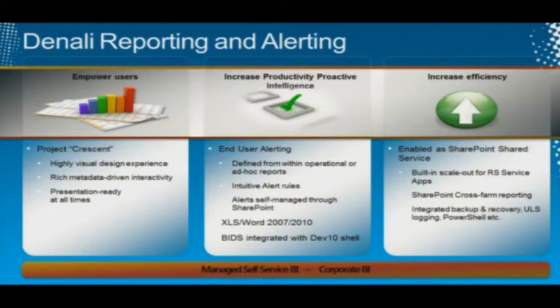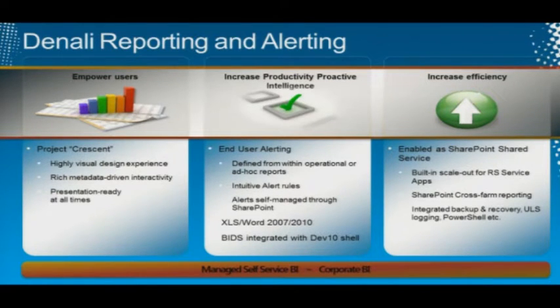Rules like that are very simple for an end user to create. They manage their own alerts within SharePoint, and they receive emails when whatever rules they create get triggered. And those are all off of data in reports. So if you have reports today, this is just added new functionality on top of your existing reports.